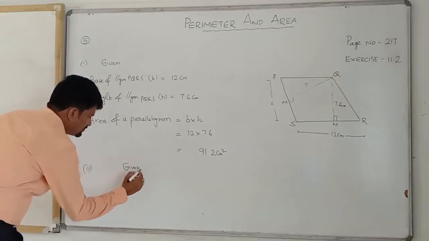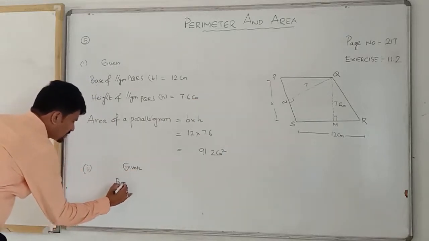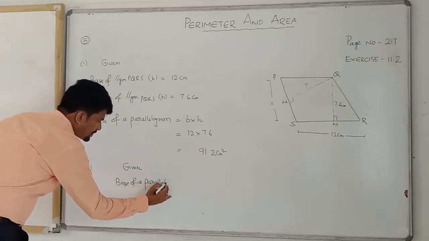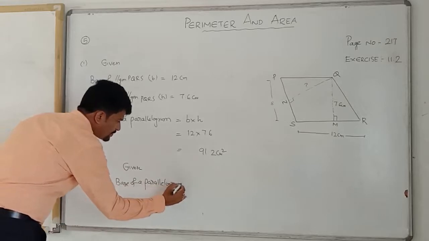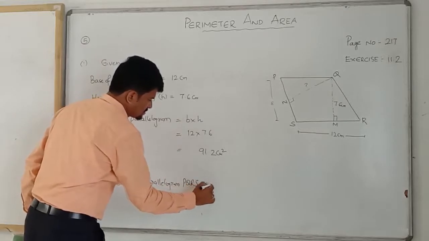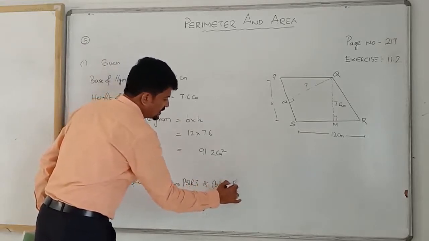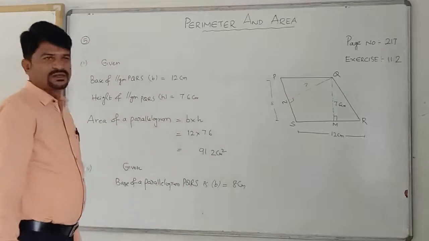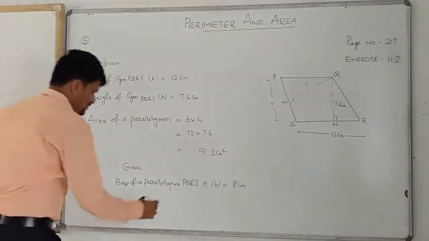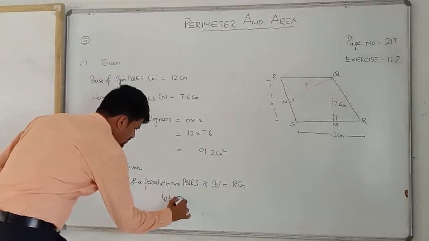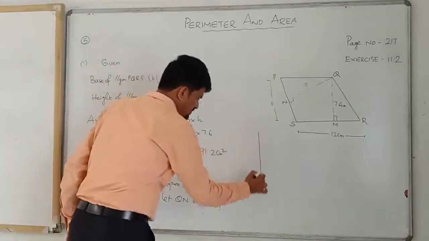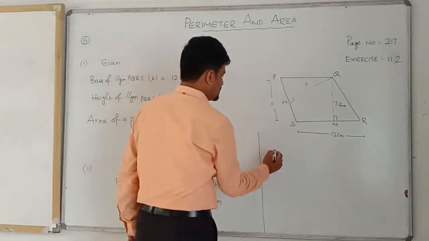Given base of parallelogram PQRS is equal to 8 centimeters. Here what we need to find? QN. Now let QN be x centimeters. Am I right? Shall I solve here? Now area of parallelogram.